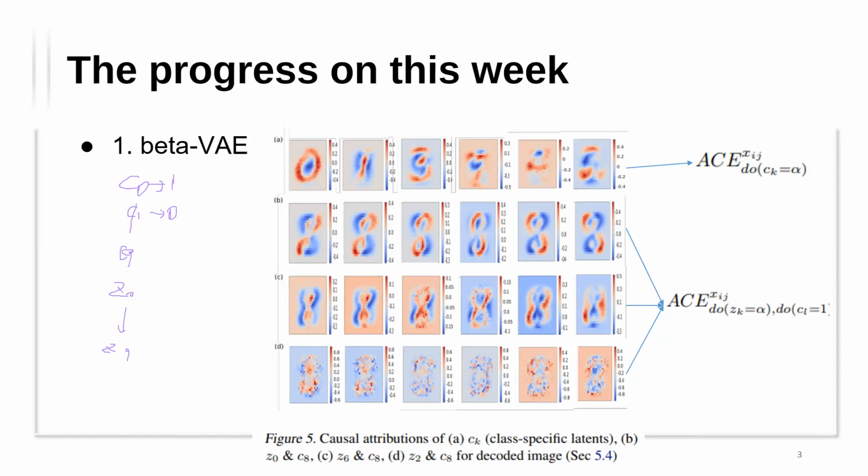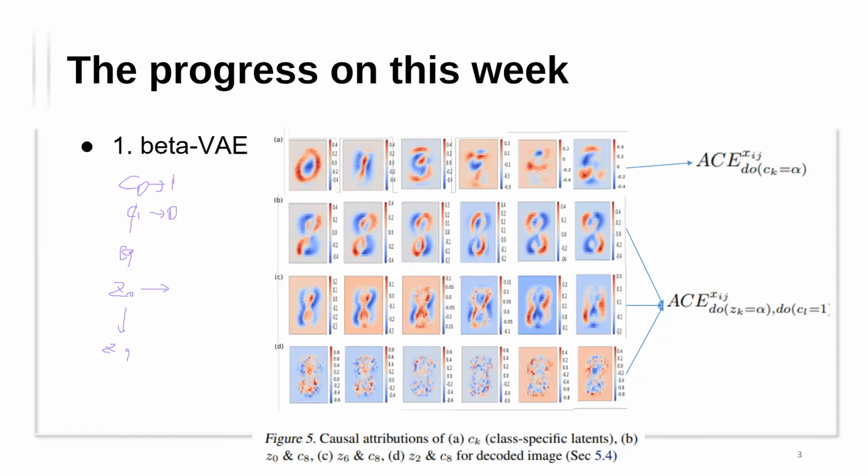I still have some confusion. You mean for Z0 we do not know what the rotation will be? So Z0 maybe means a rotation, where we need to rotate the digit a little bit.